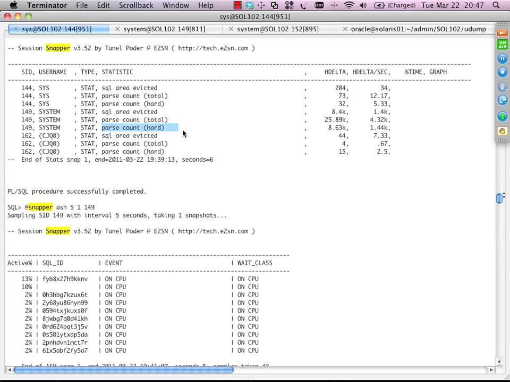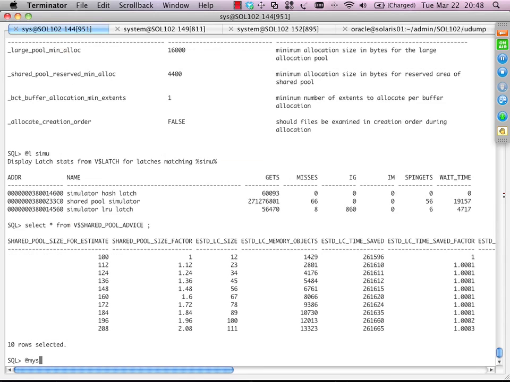Soft parse means that you have to do a library cache lookup because you don't know where your cursor physically is. But the softer soft parse, thanks to the cursor cache, doesn't have to walk through the library cache hash tables, because the pointers to the physical location of the cursor are in place. And now there is a question: is there a statistic which shows whether you had a softer soft parse or not? And yes, there is.